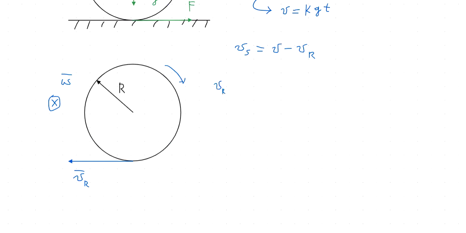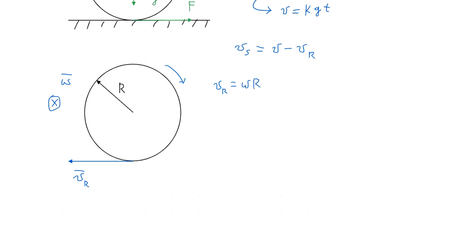How to find VR from this picture? Any ideas? It will be omega, angular velocity, multiplied by r.